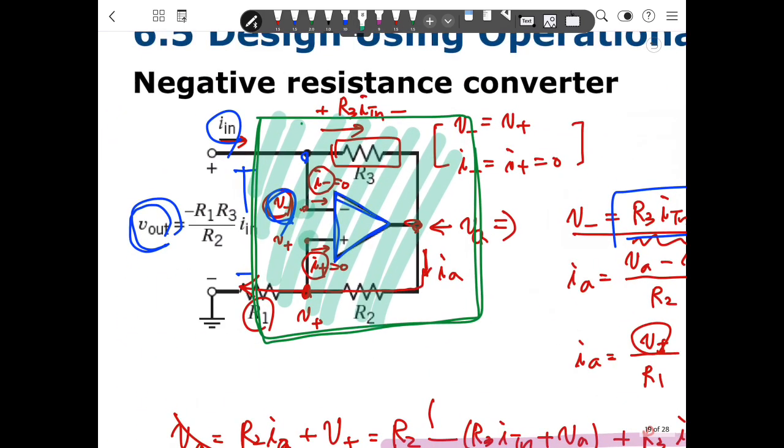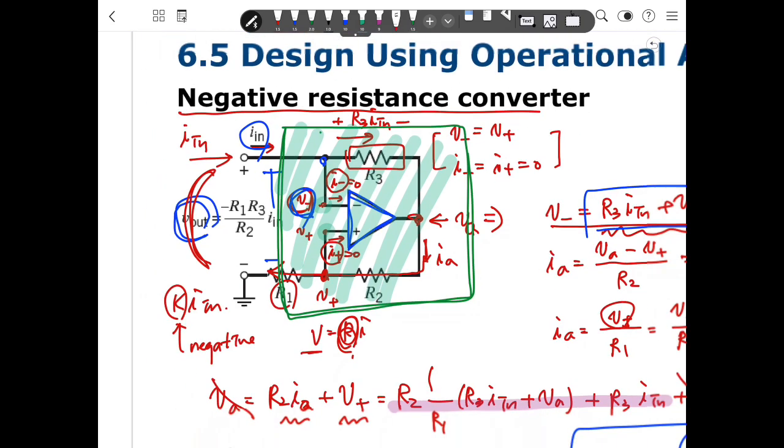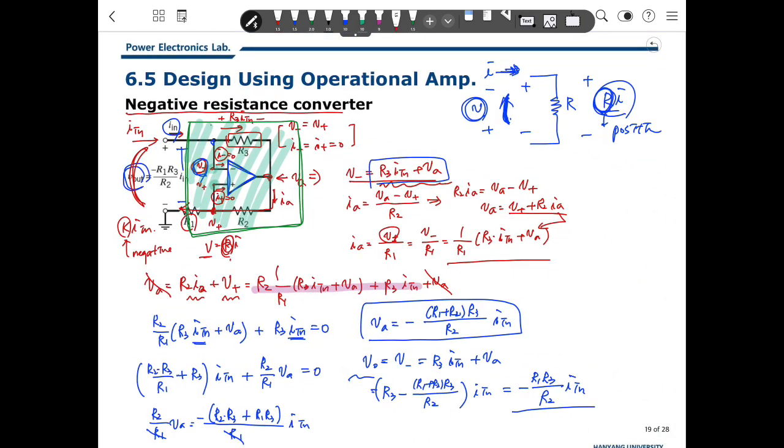Then I in goes in there. This is I in, then the voltage drop is some K times I in, but that value is negative. The V is Ri, but the voltage is a negative value. So we call this a negative resistance converter.